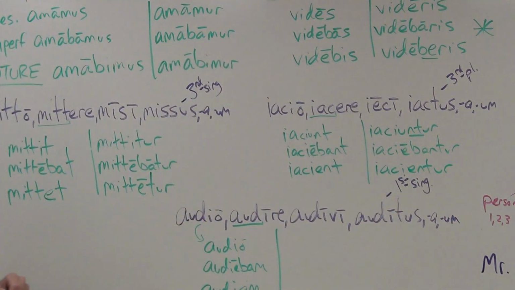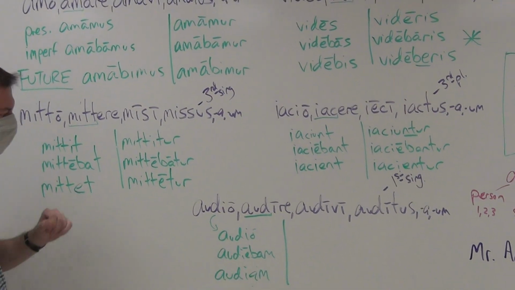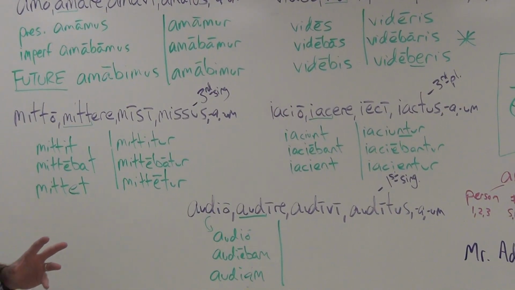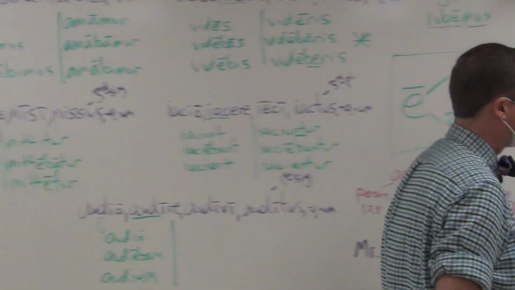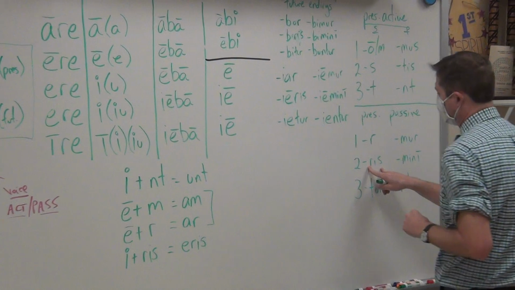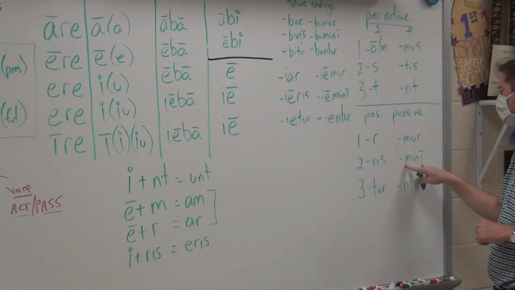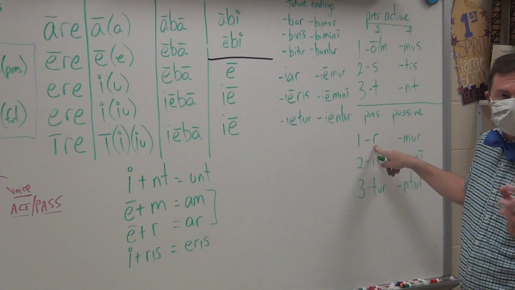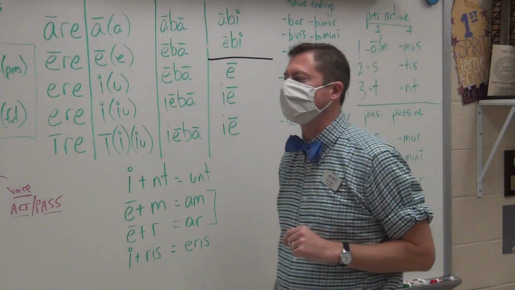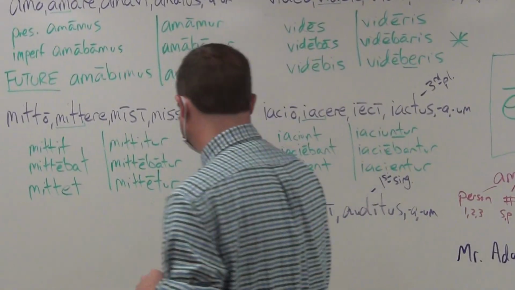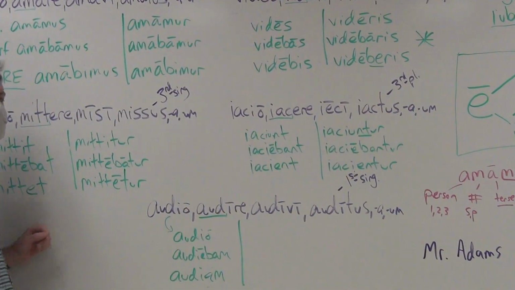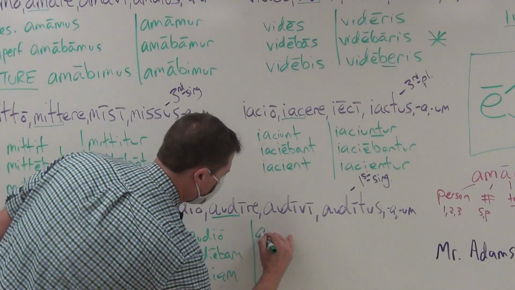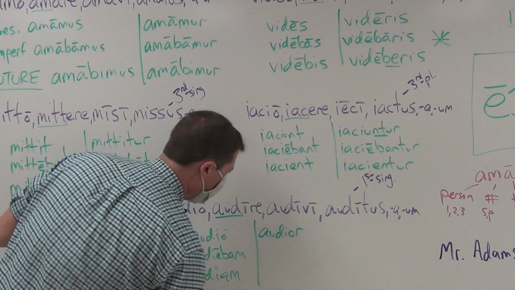And then finally down here, for the verb to hear, audiō audīre, what you will do is that for all of these endings, R, ris, tur, mur, minī, and ntur, stem vowel ending, stem vowel ending, stem vowel ending, for the R, to make the passive in the first person singular, just simply take that first principal part, the active I hear, and just stick an R on it. That's how you would form it. It's audior.